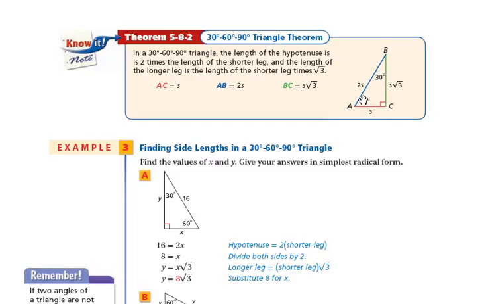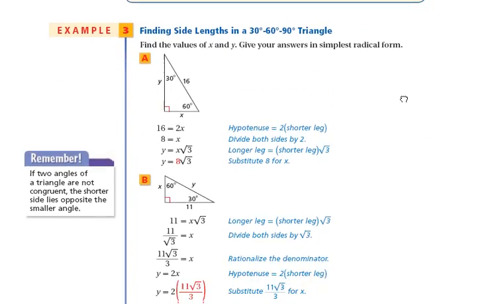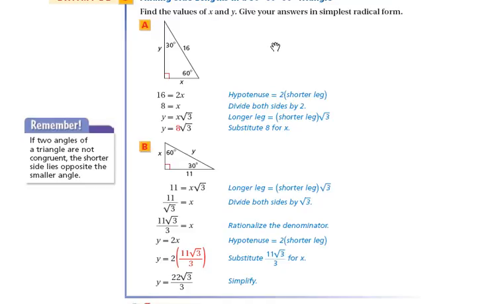Again, keep in mind this is a 30-60-90. One leg is S, and then the hypotenuse is going to be 2 times S, and the longer leg is going to be S times the square root of 3.